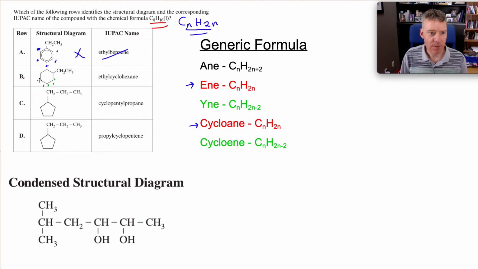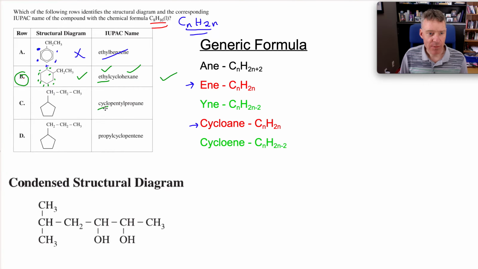So all of these have 2 H's, all these corners. Now this one has 3 lines coming out of it, so there's only 1 H connected there. So you have 2, 4, 6, 8, 10, 11, 12, 13, 14, 15, 16. So that works. And does this name work? Yeah. Cyclohexane, that all works. So that's our correct answer.